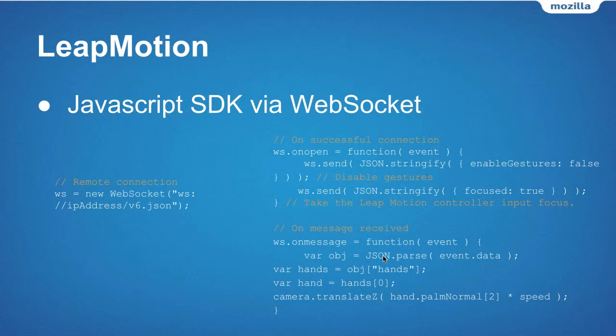Another thing is that when a message is received, you have to tell your object to update its transformation. So I get my hand, the first hand. I just focus on my first hand, and I get the palm normal. The palm normal has 3 axes.